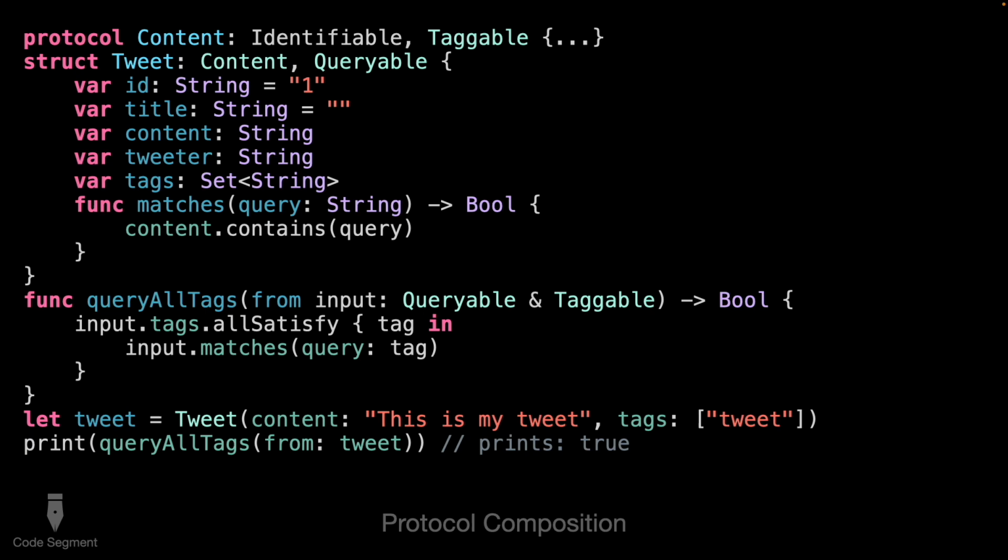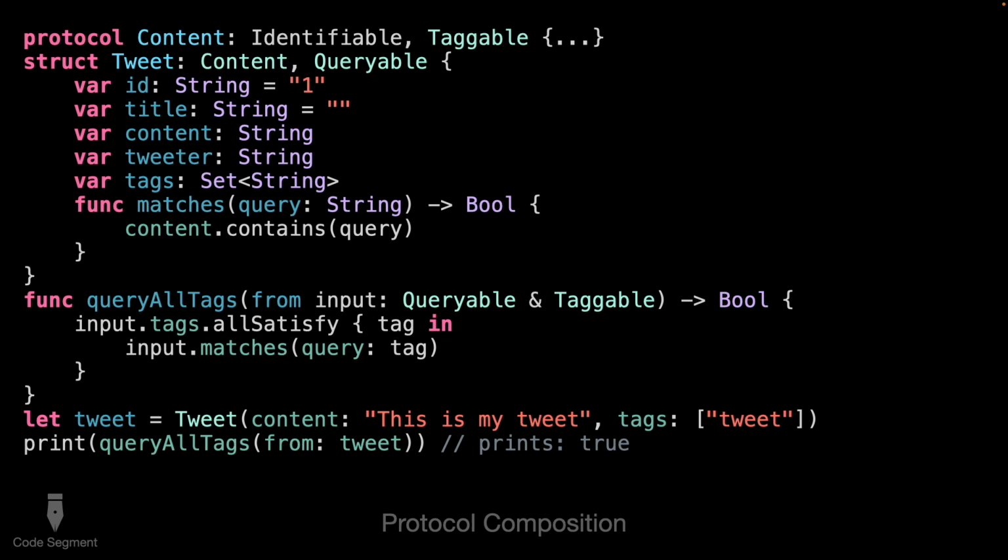So the input parameter must adopt both queryable and taggable, and as a result, inside of this function, whenever we use the input parameter, we can call any functions or properties that were defined in the queryable and the taggable protocol. And that's the only thing that we can call.